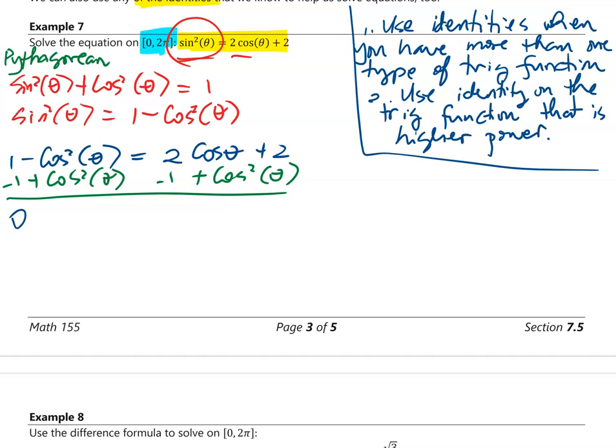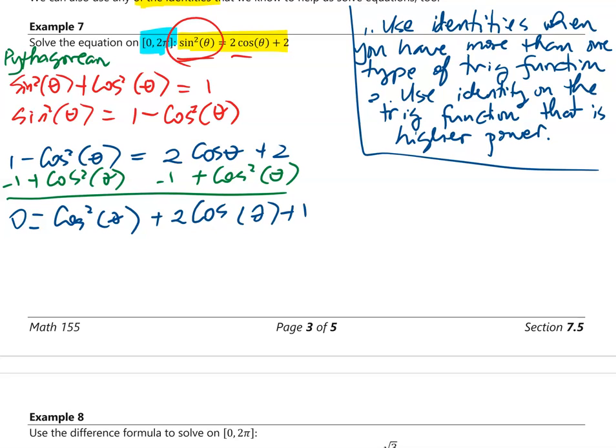So that you'll have 0 is equal to cosine squared theta plus 2 cosine theta, and 2 minus 1 is 1.